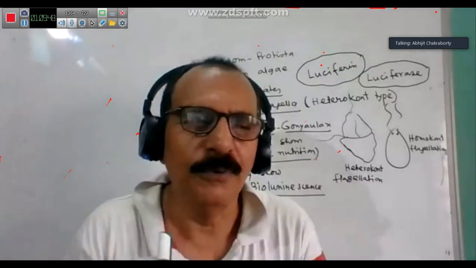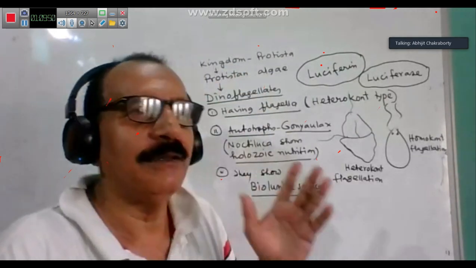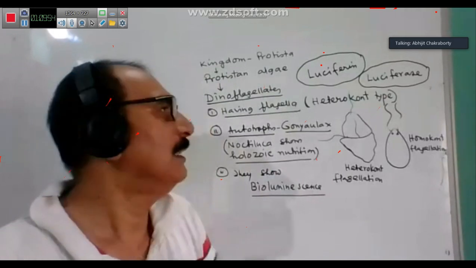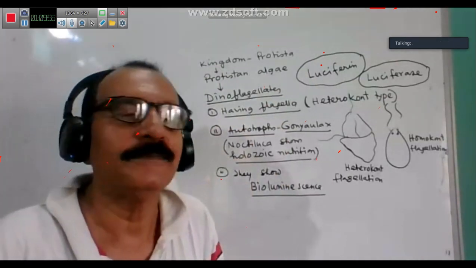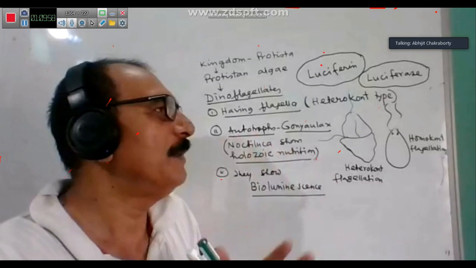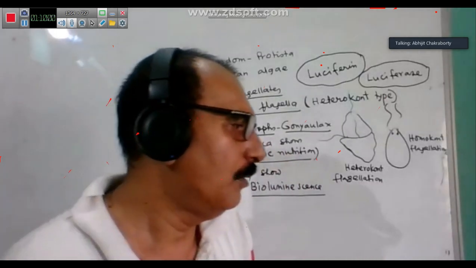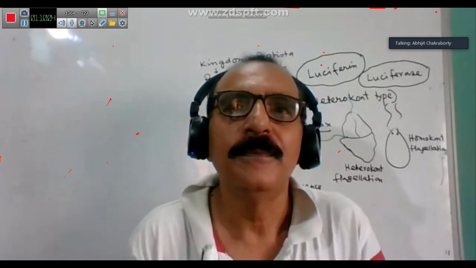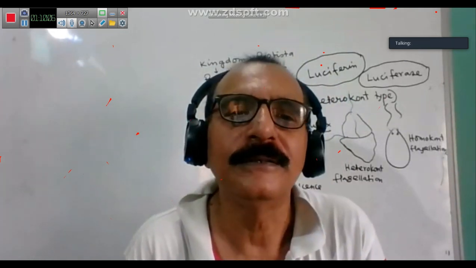First of all, I am repeating it again. Luciferin is the pigment present in these organisms showing bioluminescence. Luciferin binds with the ATP produced in aerobic respiration.